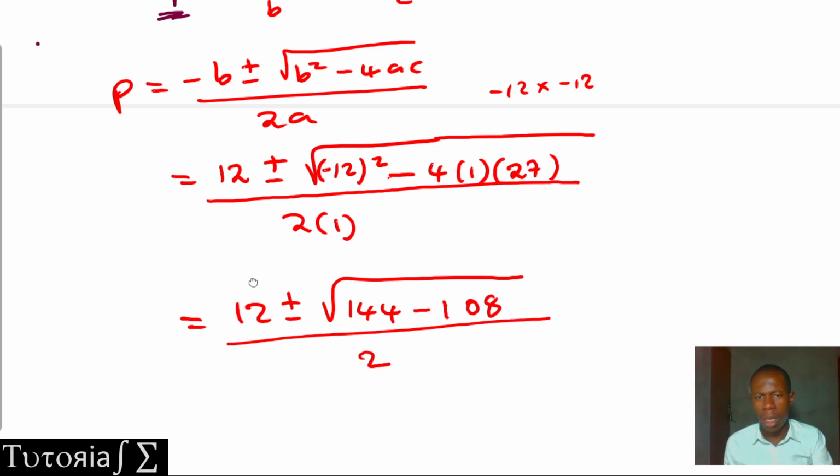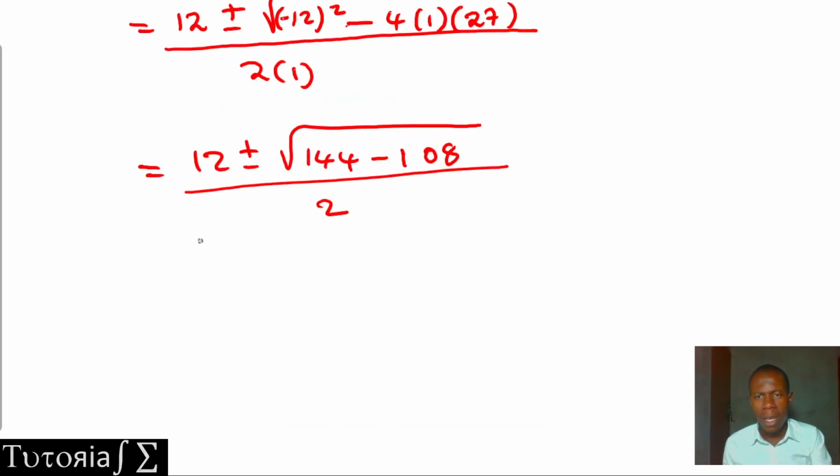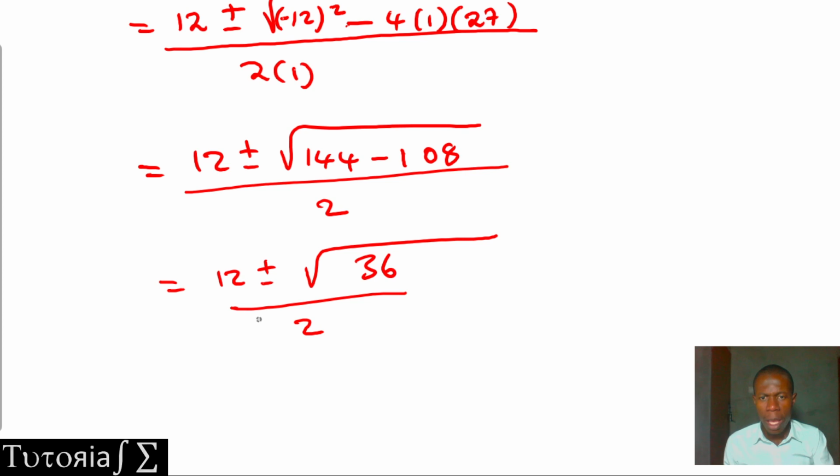So now we simplify further. This is 12 plus or minus root of, so we subtract here, 144 minus 108 gives us 36, all over 2. Then here, root of 36 is 6.